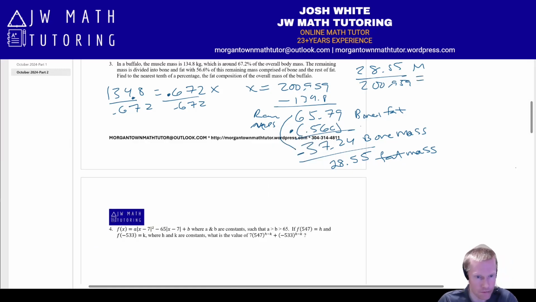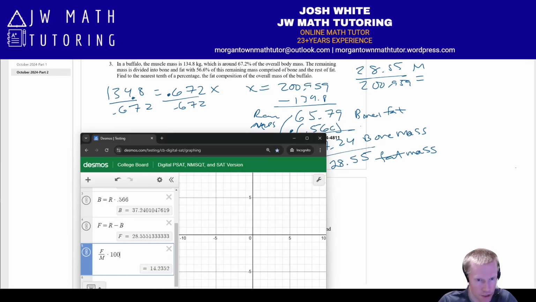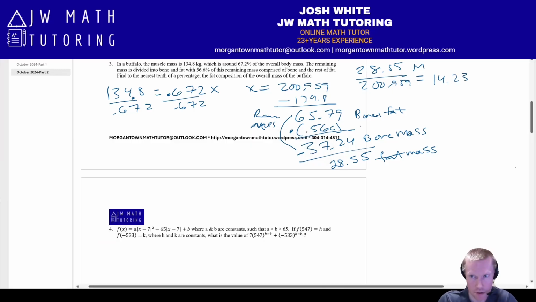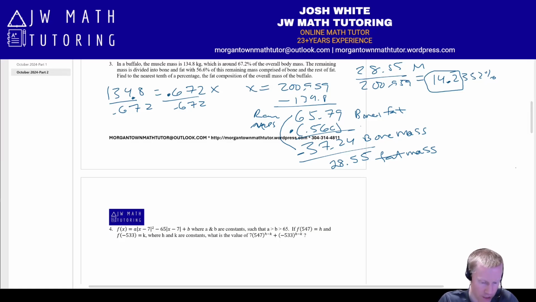So this is 14.2352. All right, so rounded to the nearest tenth of a percentage, it's going to be 14.2%. So in this question, not sure if this is multiple choice or a grid-in, but 14.2% is the percentage of the overall body mass of this buffalo which is comprised of fat.